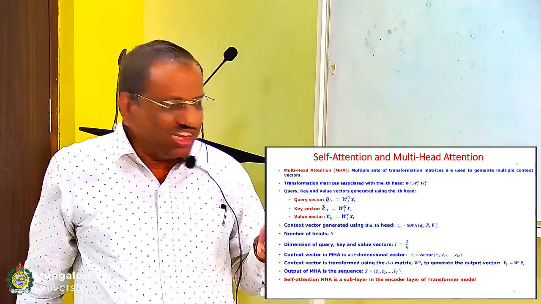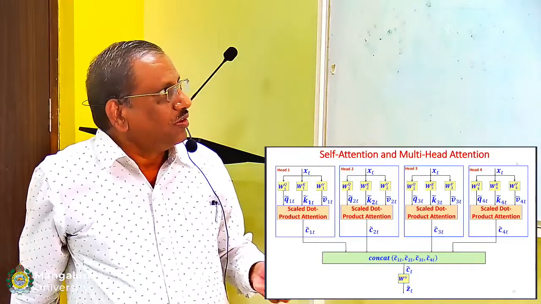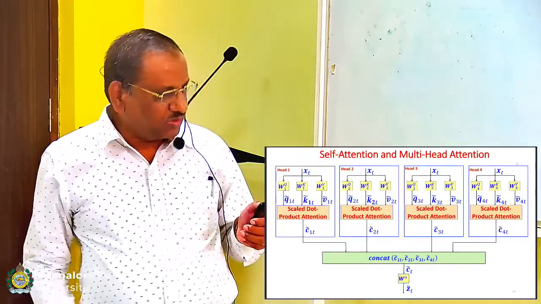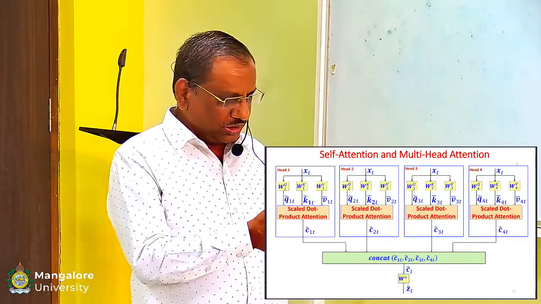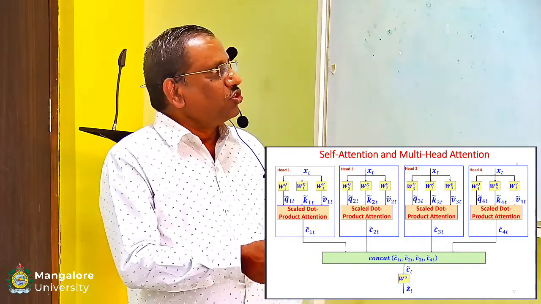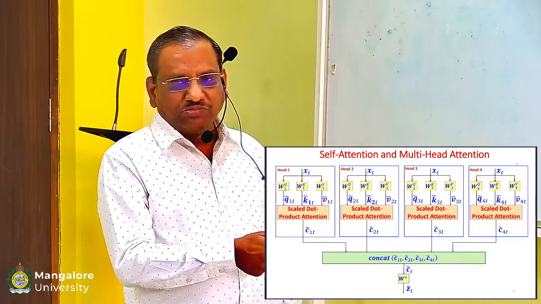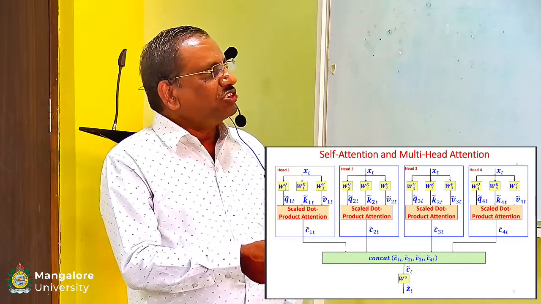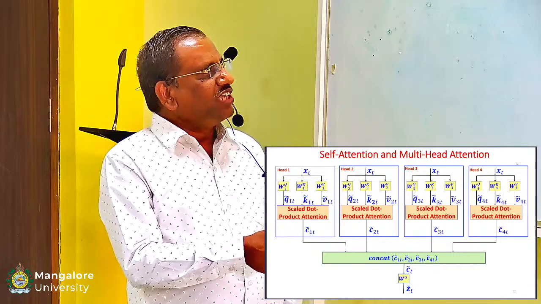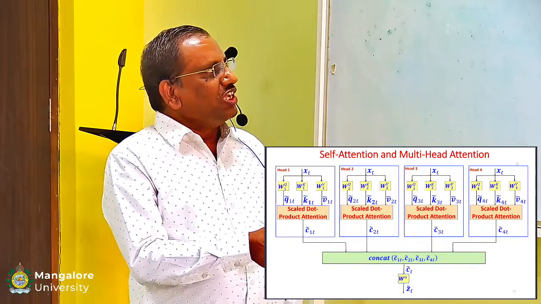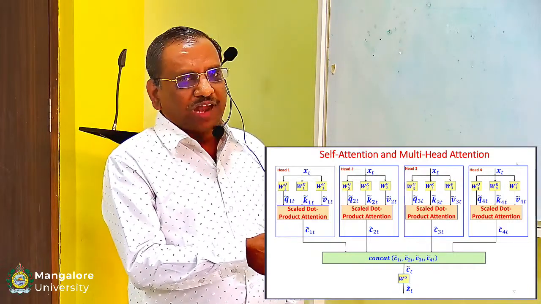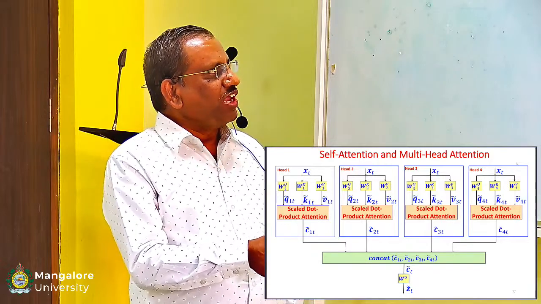But all of this is only linear operations. This is the pictorial way of telling you what we have done. So we take the word at xt and pass it through all the heads, and in each head it is multiplied by different matrices to generate the query, key, and value vectors.